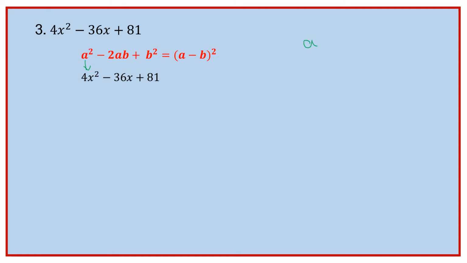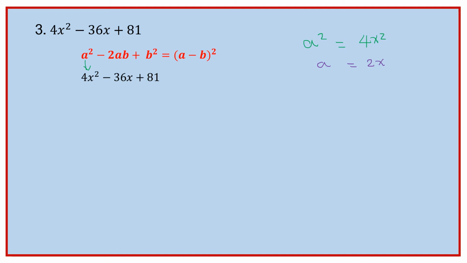So since a squared equals 4x squared, then a will be 2x, such that (2x) squared will go back to 4x squared.